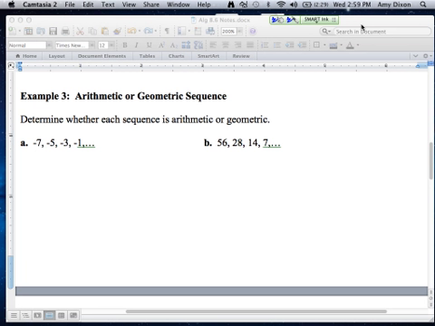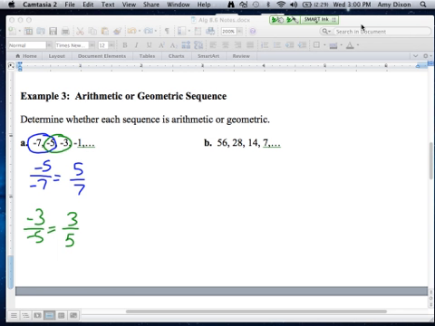So let's do -5 over -7. That's going to give you a positive 5 over 7. So that's the ratio between these two numbers. Because the ratio we're looking at is between consecutive numbers. So let's try the next set of consecutive numbers. And we get -3 over -5, which gives us 3/5. These ratios are not the same, so it is not a geometric sequence.